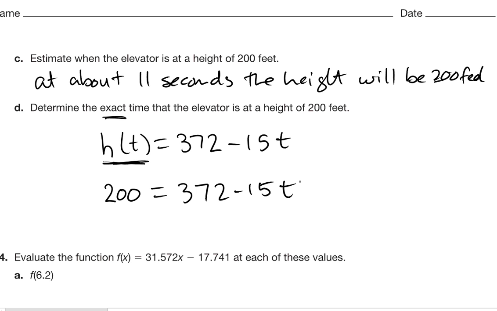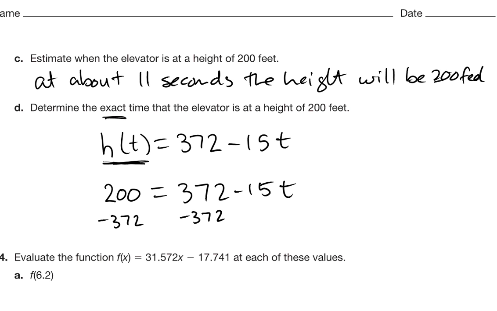So to solve that, I'm going to subtract 372 from both sides. It's going to give me a negative number here, right? 372, and I subtract 200. Actually, we can't do it that way, can we? 200 minus 372. Hey, it's okay to use a calculator.